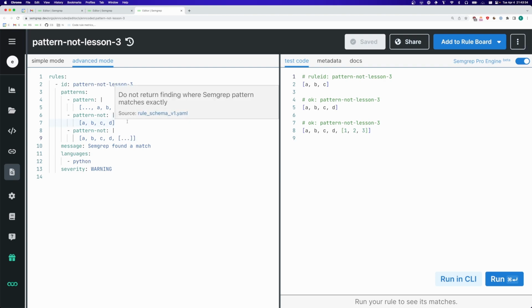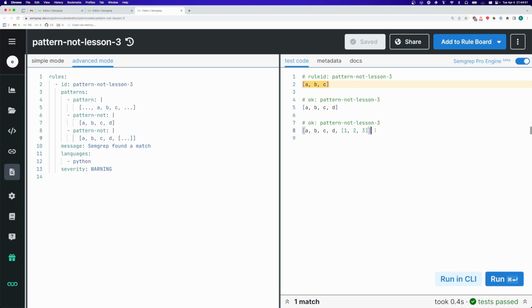Similarly to the previous example, even though both of these lists have a different number of elements than the matching pattern, these still work as pattern nots because the outer shape for both of them is still a list. Therefore, Semgrep is able to remove findings on line 5 and 8 here as well.